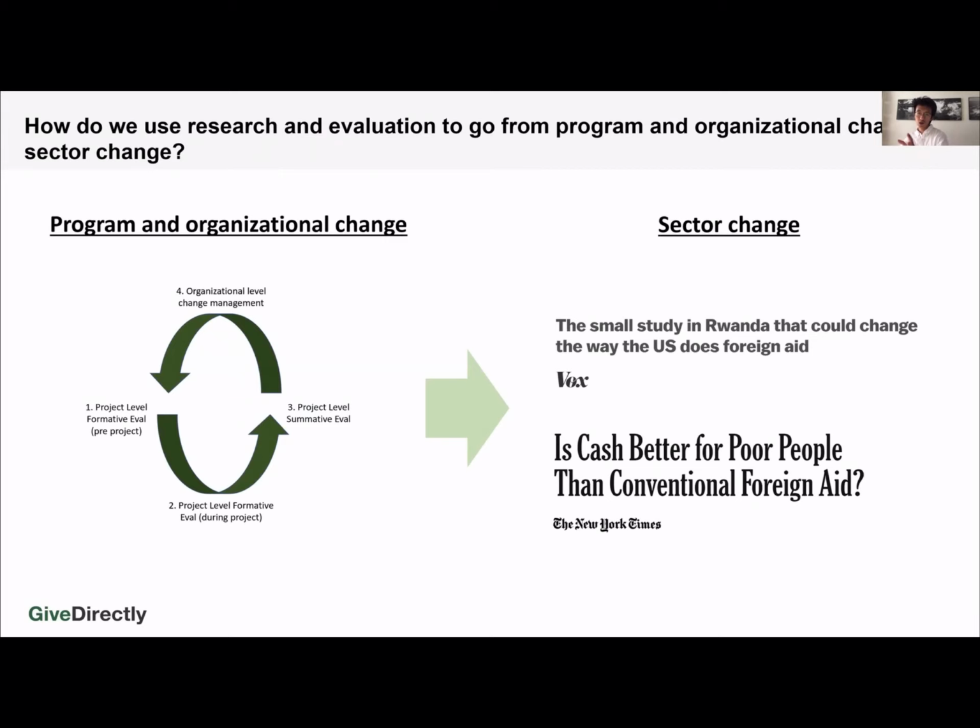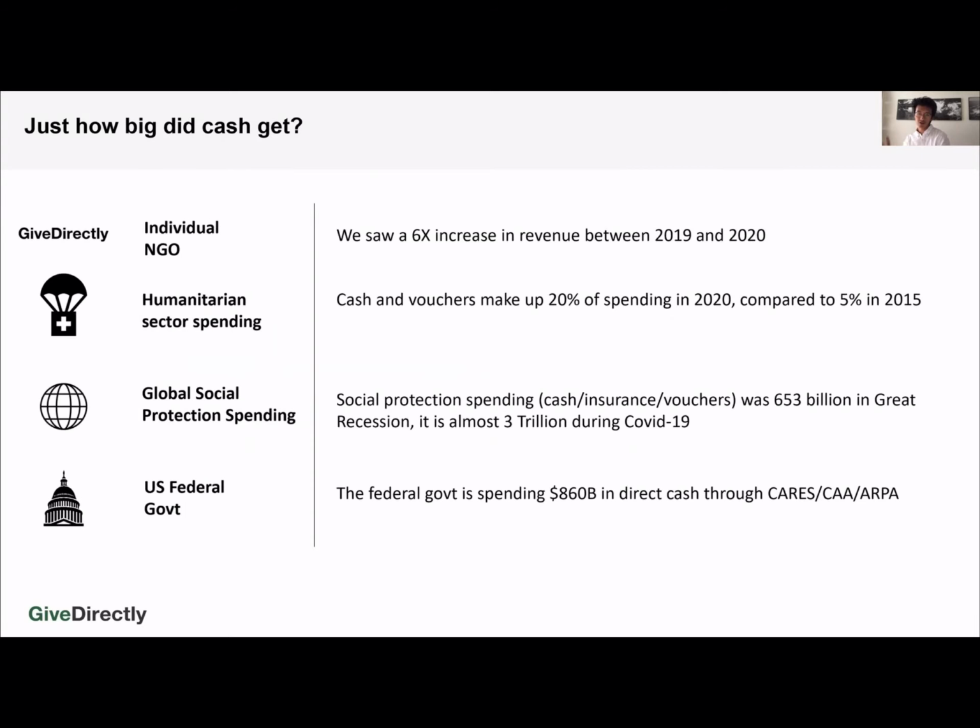So now, at the start of this presentation, I said cash got really big, right? They started calling us nuts in 2013, and by 2021 it's become the default approach to the economic response to COVID. Just how big did cash get in the sector? Just how much did the sector move?